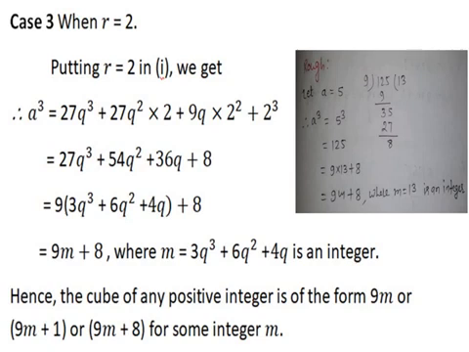Rough: let a is equal to 5. So a cube is equal to 5 cube is equal to 125 is equal to 9 into 13 plus 8 equal to 9m plus 8, where m is equal to 13 is an integer. So the cube of any positive integer is of the form 9m plus 8. Hence the cube of any positive integer is of the form 9m or 9m plus 1 or 9m plus 8 for some integer m.